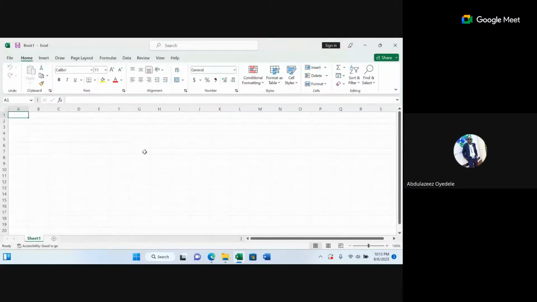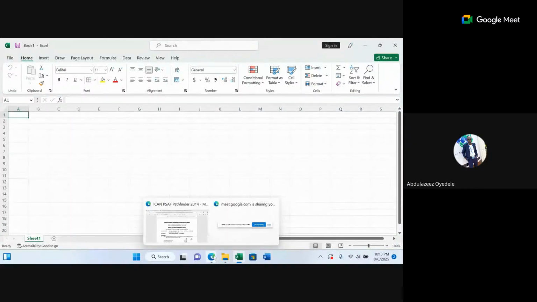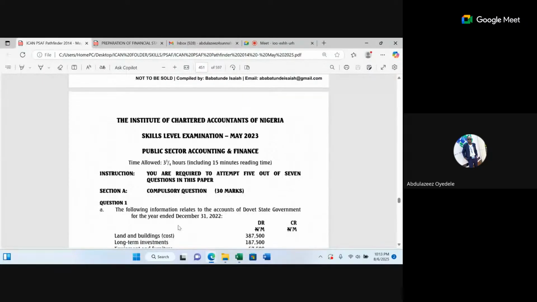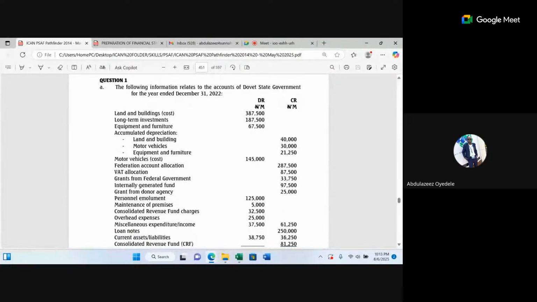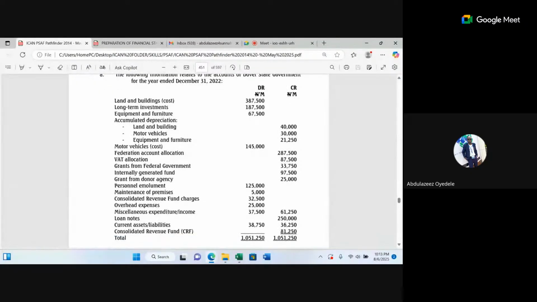Okay. So, in this question, we are given a trial balance that belongs to a state government for the year ended 31 December 2022. And we have all the items listed here.